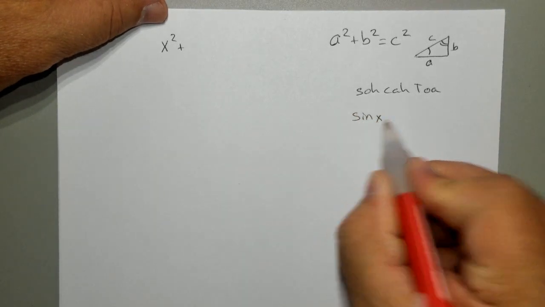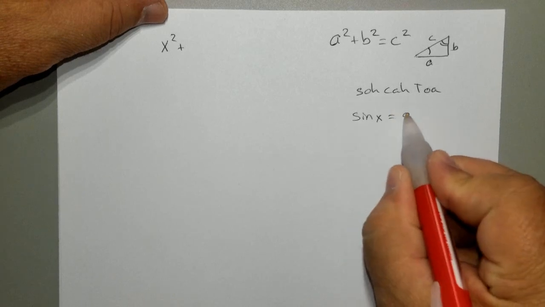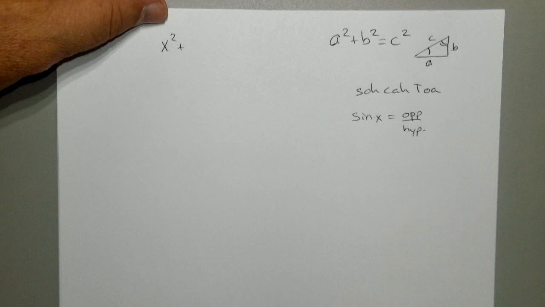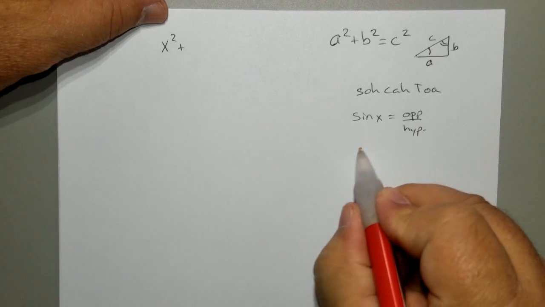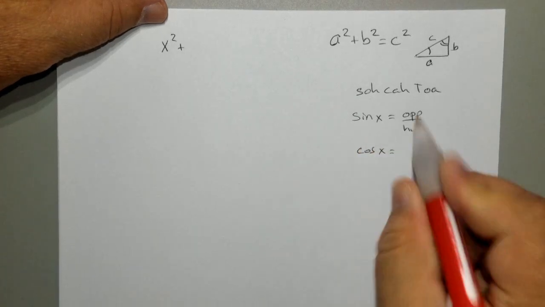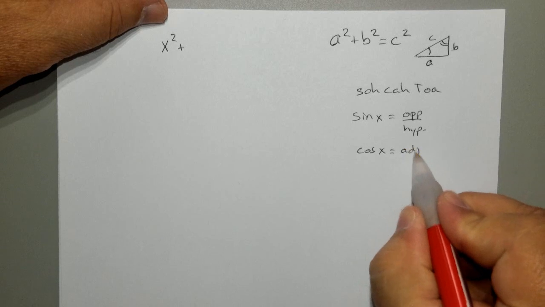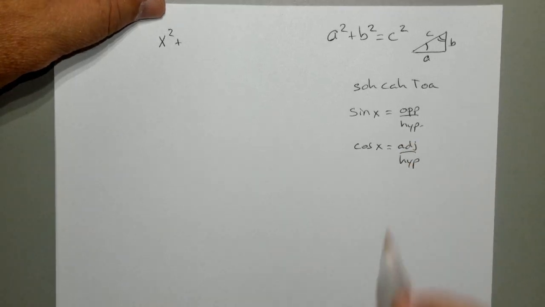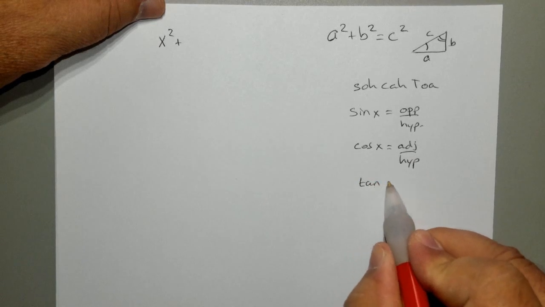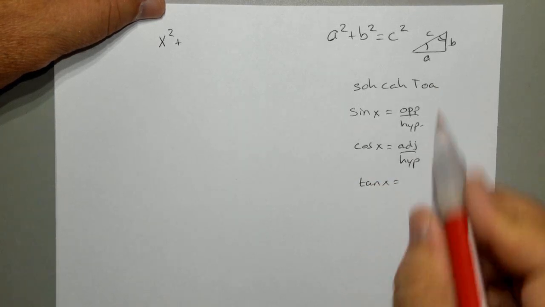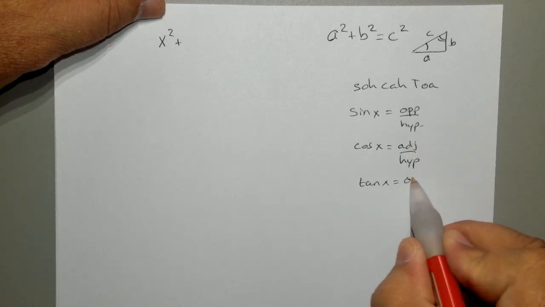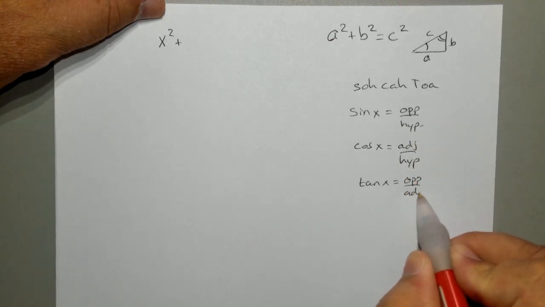The sine of an angle is the opposite over the hypotenuse. The cosine of an angle is the adjacent over the hypotenuse. And the tangent was the sine over cosine, or the opposite over the adjacent.